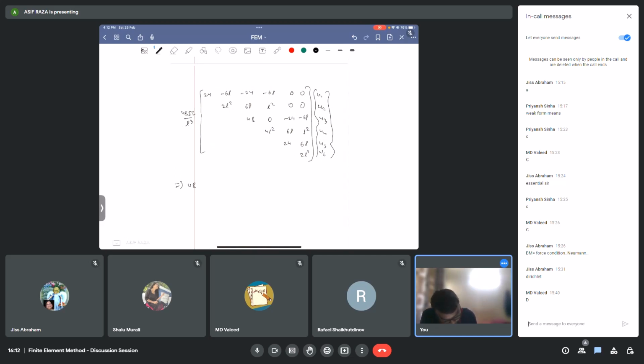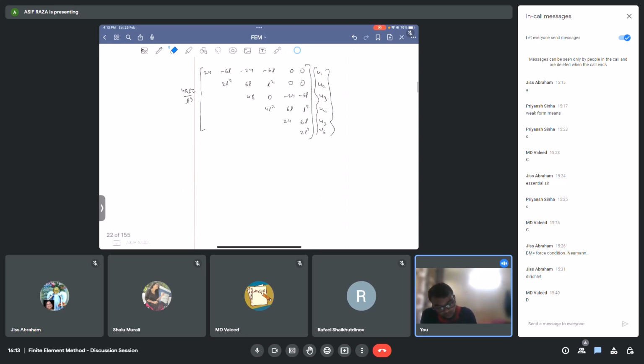So that will be equal to 48 EI by L cube, if I write in terms of U3, U4, or better, I'll just avoid going into such a mess, which is equal to Q naught L by 48 times 12 minus L, 12 L 0 0 plus Q1 Q2 0 0 Q5 0.